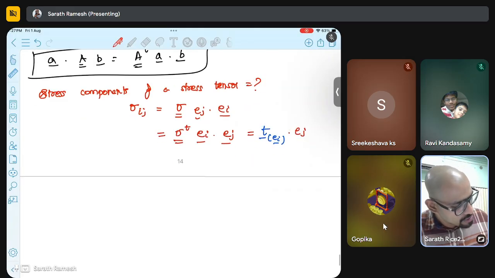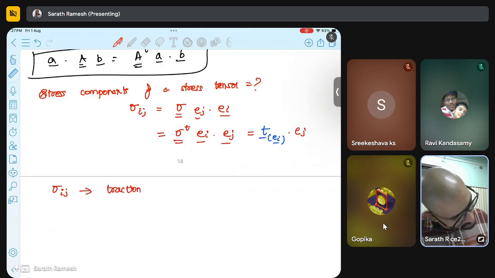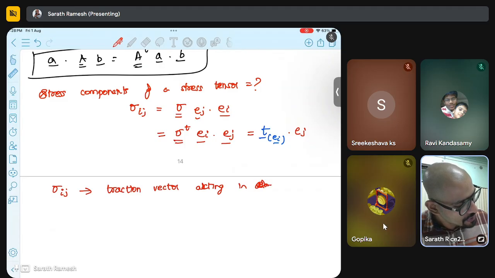So sigma ij represents a traction vector acting in the e_i plane, along the e_j direction.